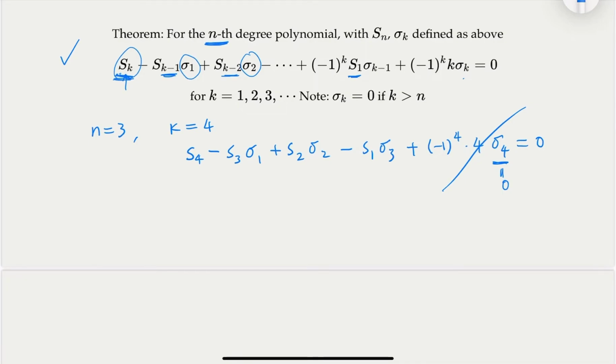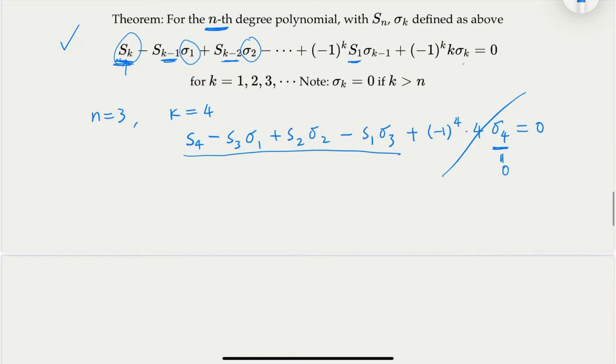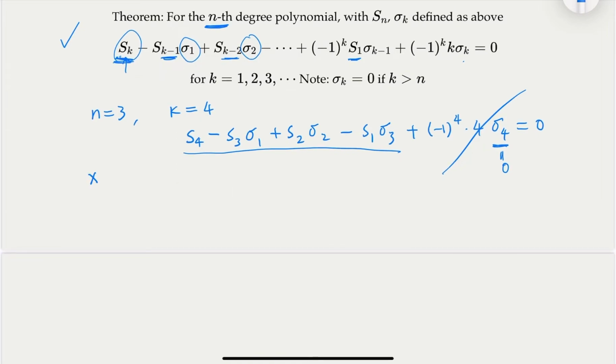Now we're going to see intuitively why the whole thing equals 0. Let's recall that n equals 3. The original equation is x to the third power plus bx squared plus cx plus d equals 0. Sigma 1 is equal to negative b, sigma 2 equals c, and sigma 3 equals negative d.